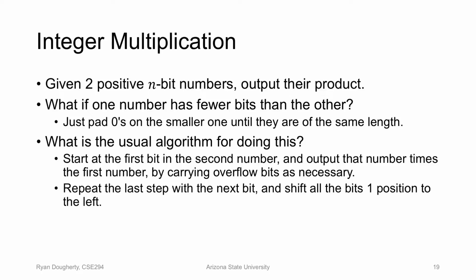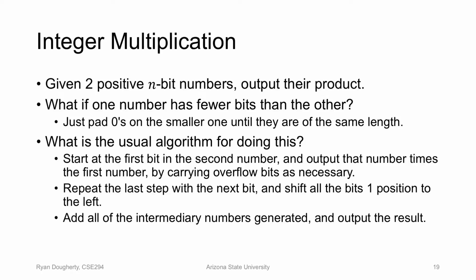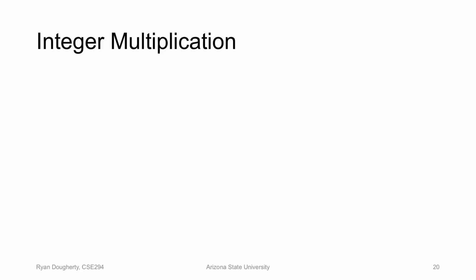Repeat the last step, but move everything one position over. At the end, I'm going to add all the intermediary numbers and possibly some overflow, so I'm just going to add all of these shifted n-bit numbers and then output the result. So that's the grade school multiplication that we've seen before.